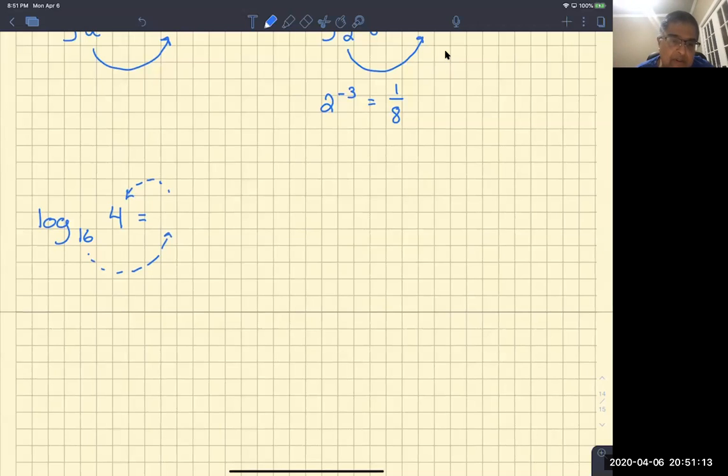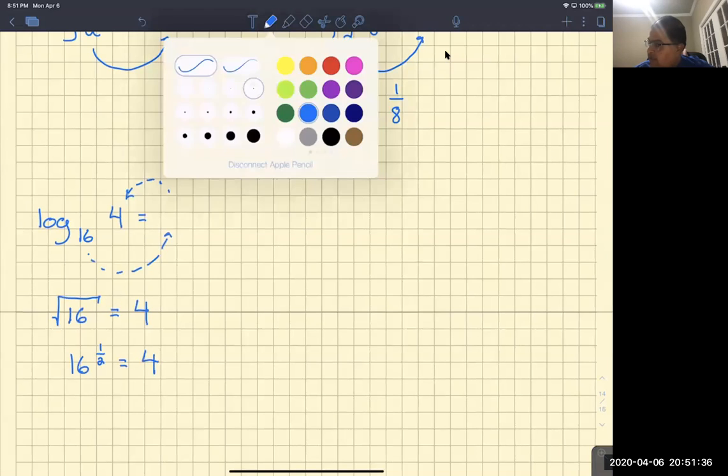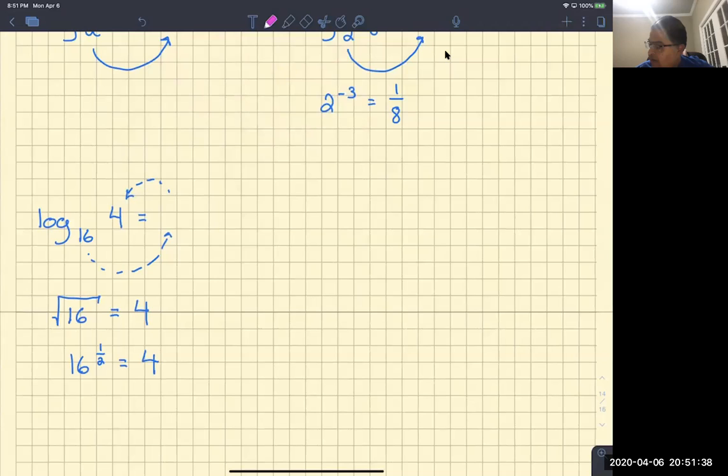Everyone knows that the square root of 16 is 4, but how do I write square root using rational exponents? That's right. 16 to the 1/2 exponent is the same as the square root of 16, which is 4. So that means log base 16 of 4 is 1/2.